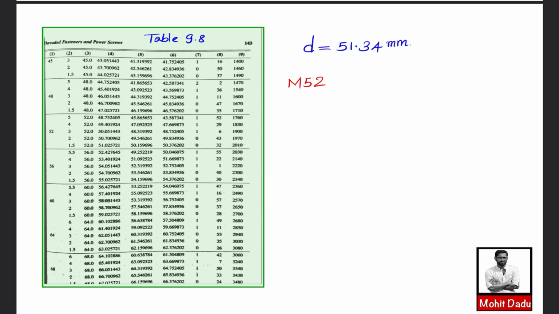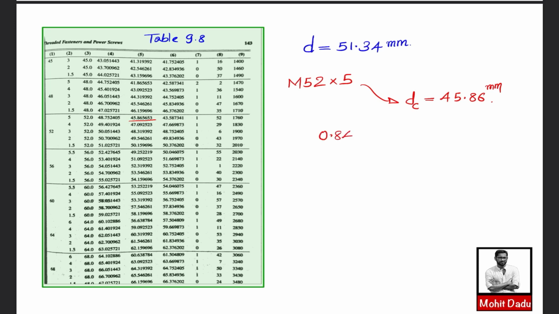So suppose you take the value of 5, you are finally designating the bolt to be selected as M52 by 5, and it has a core diameter, or the minor diameter, which is given in this table as 45.86, and we earlier assumed it as 0.84 times d, and we will be verifying. So dc is equal to 45.86 mm here, according to this standard selected, and we have assumed earlier it is 0.84 times.